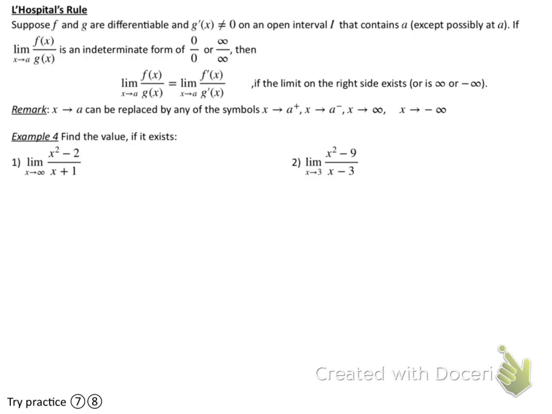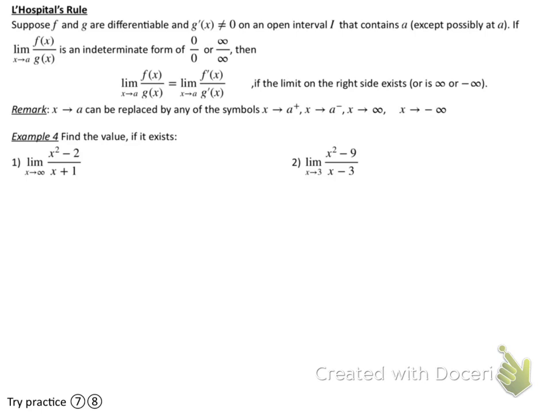Not only that, you take the derivative of the numerator and the derivative of the denominator separately, this is not the quotient rule, then you put them back in the quotient. If the quotient of the derivatives has a limit, then the original quotient has the same limit. This covers not only a real number but also infinity or negative infinity, or does not exist, if you know why it doesn't exist.